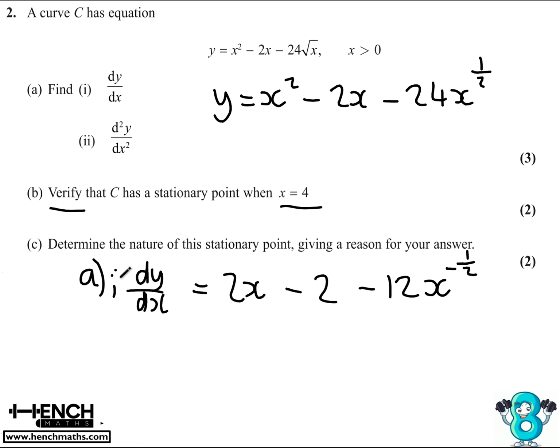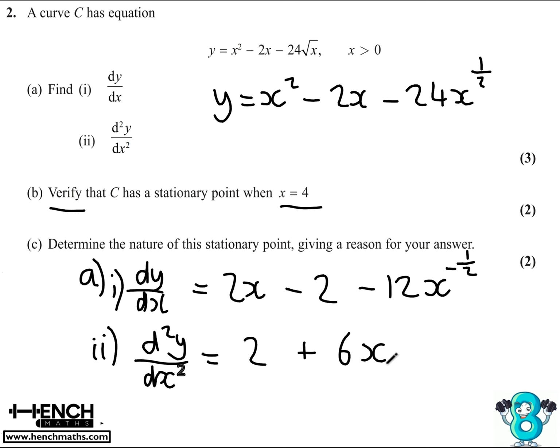In the second part, we need to differentiate this again, so the second derivative will be just differentiating what we had from part I. So 2x becomes 2, negative 2 disappears because it's a constant, and we do negative 12 multiplied by negative a half, so you get positive 6. Negative a half subtract 1 is negative 3 over 2. And so that's our answer to part A.